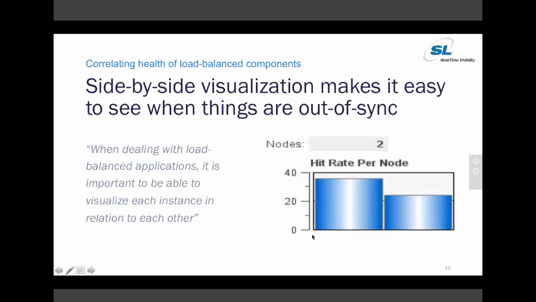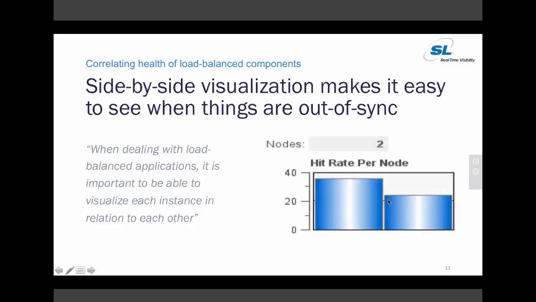It's ultimately going to slow down some of your transactions, but not all of your transactions, only the ones going to that node. So how do you visualize that? And again, this is a very simple example of an application that's using 2 ActiveMatrix service grid nodes to be able to support this process.